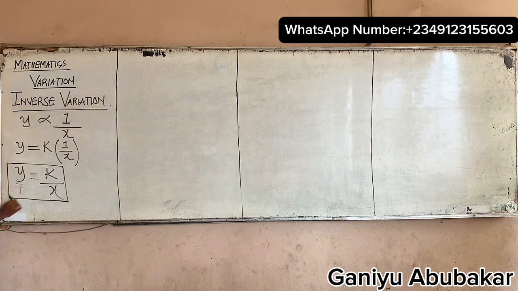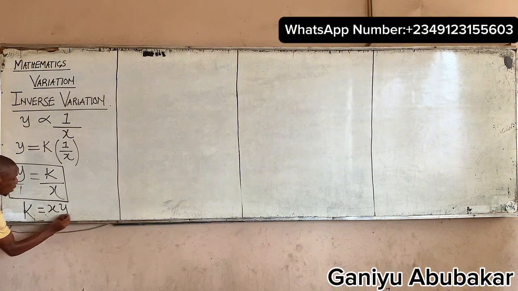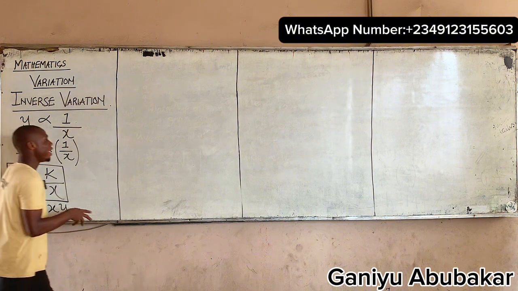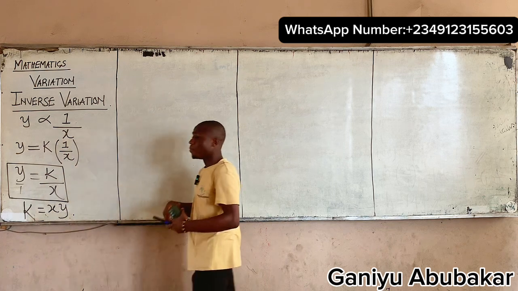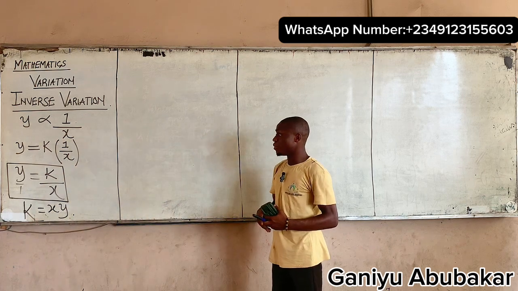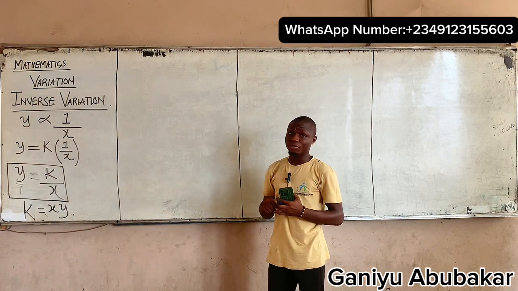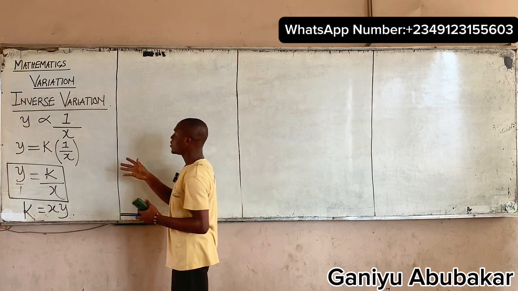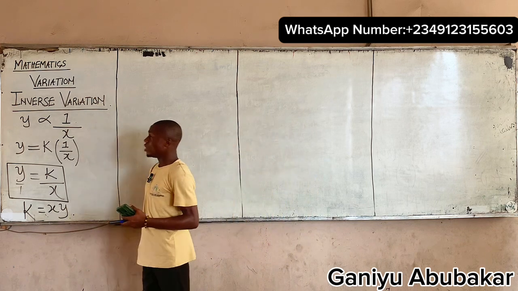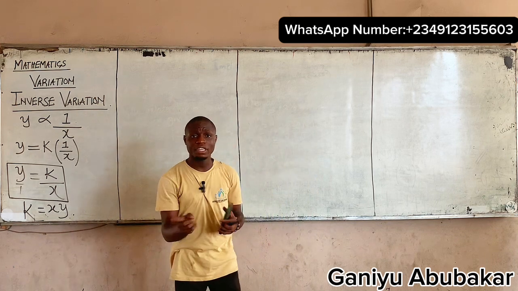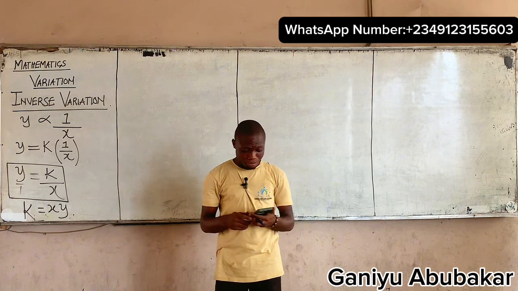There is an invisible 1 here. k times 1 is of course k. y times x is of course yx, or perhaps xy, in alphabetical order, xy. So this is how you explain the concept of inverse variation. Having said this, let's look at examples on inverse variation and see how it works.